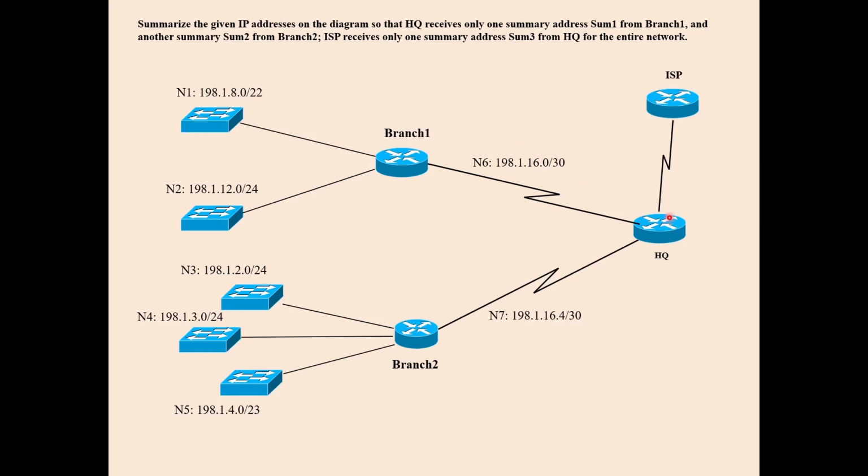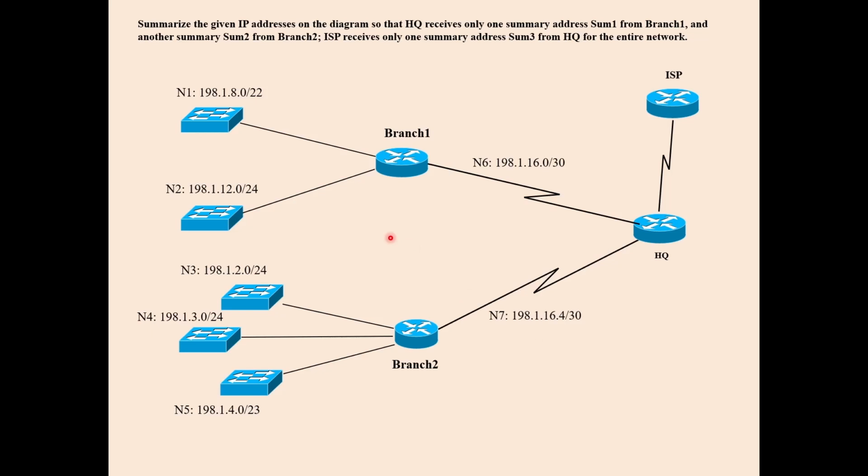It's even more important for HQ to summarize the entire enterprise network to advertise a single summary to ISP so that ISP's routing table entry can be simplified and ISP maintains a concise routing table for each organization.